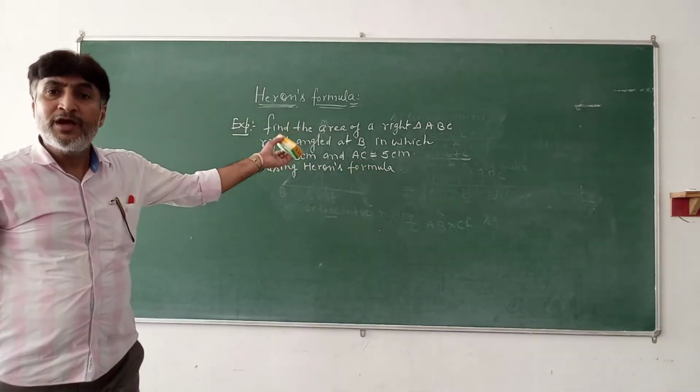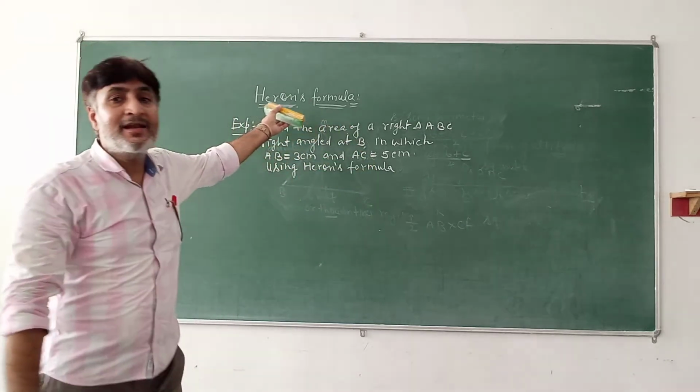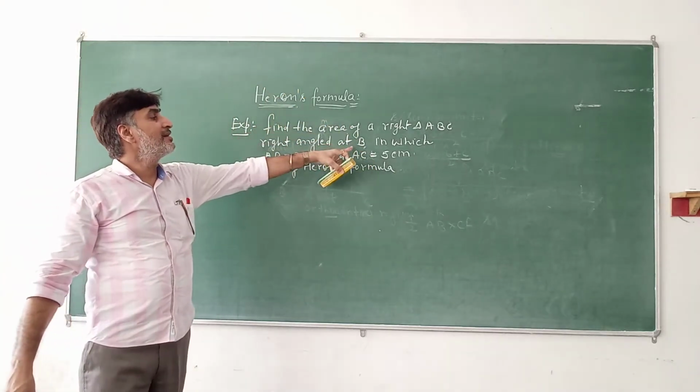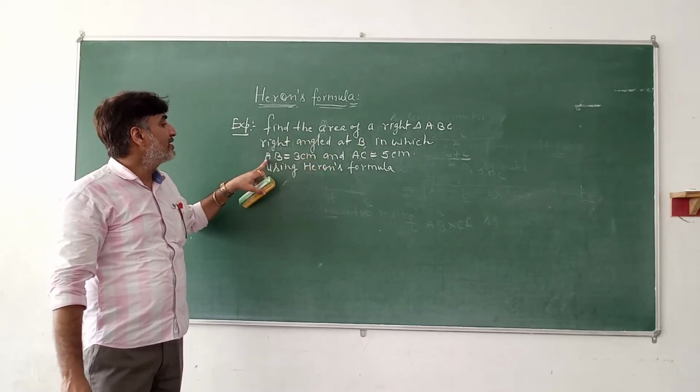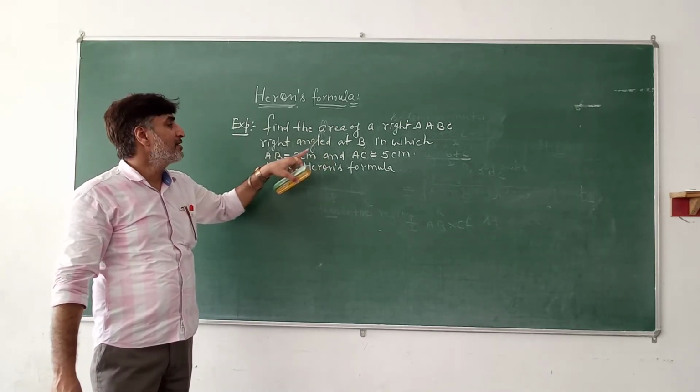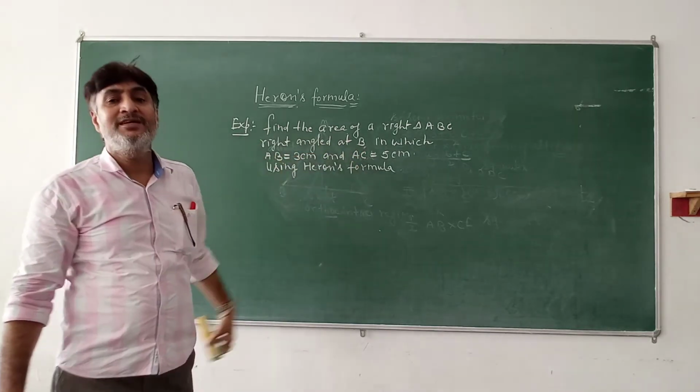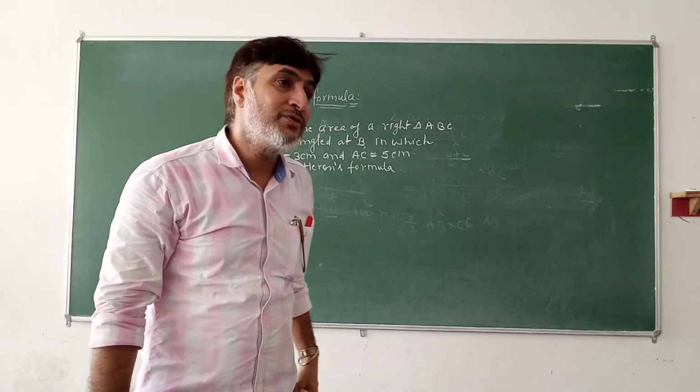Here we have to find the area of a right triangle which is right angled at B, in which side AB is given 3 centimeter and side AC is given 5 centimeter, using Heron's formula.